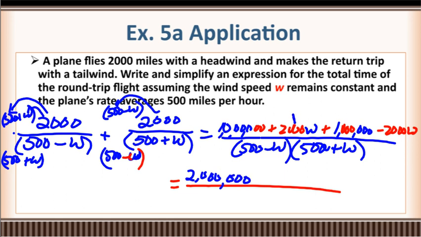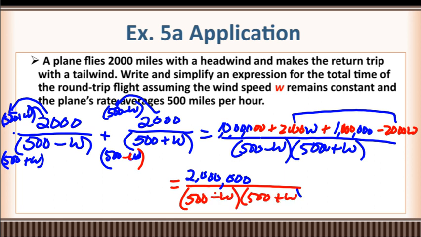This 2,000 W and this 2,000 W cancel off. And I'm left with 500 minus W times 500 plus W in the denominator. And that would be our answer.